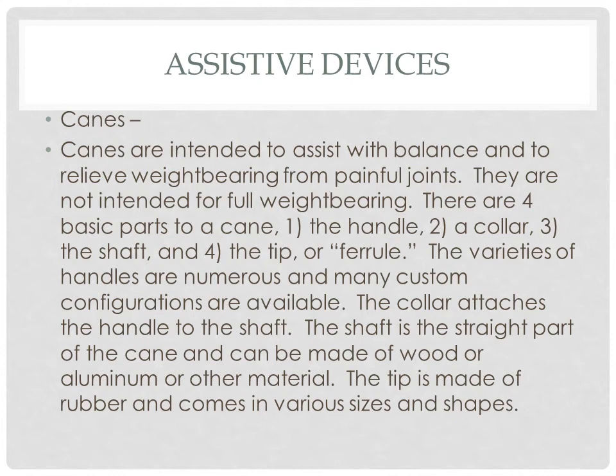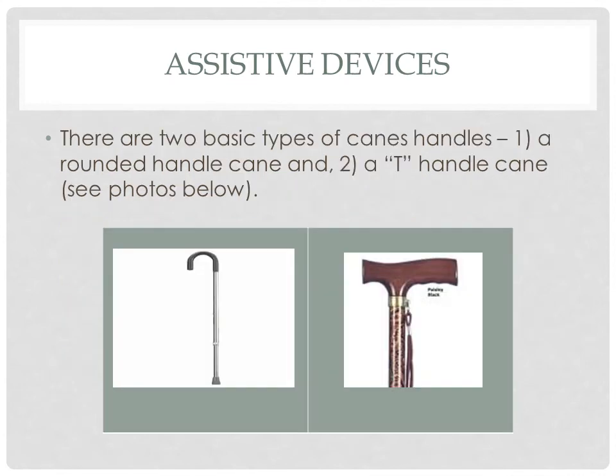And so there's many different types. As far as the handle goes, there's many different types of handles, and there's different custom configurations that you can get. And most commonly, the two basic types of cane handles that you'll see are number one, a rounded handle cane, and these are the most, or I should say the least expensive.